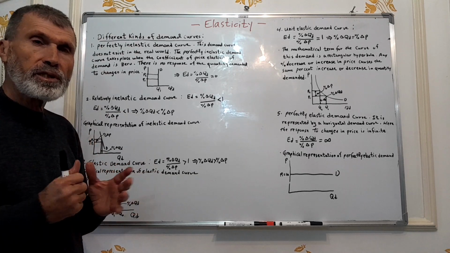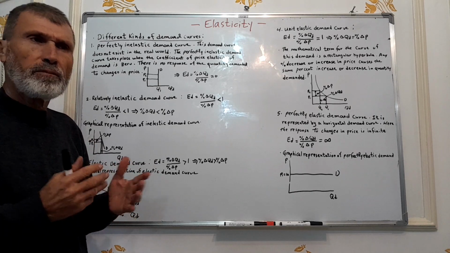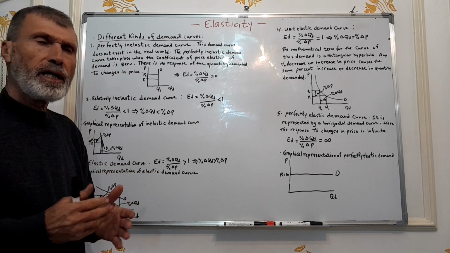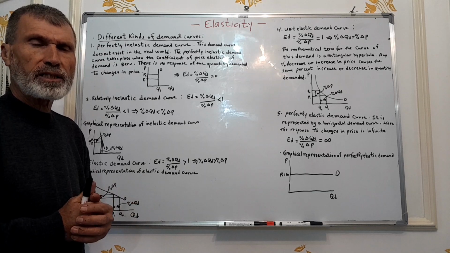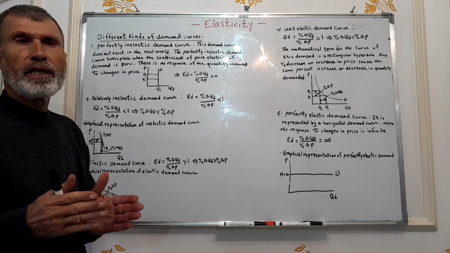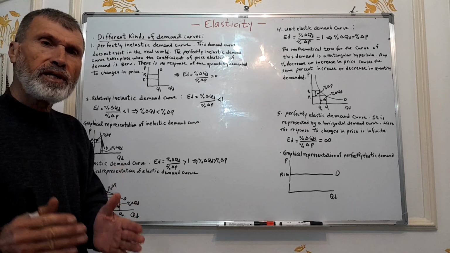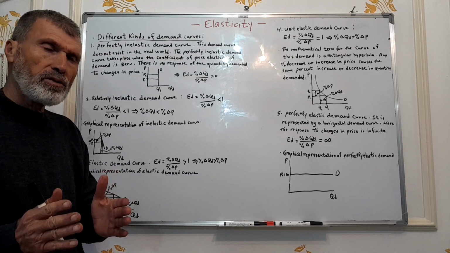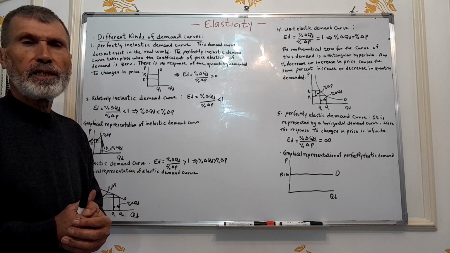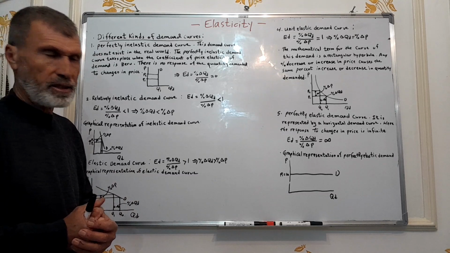In the real world, that demand curve does not exist, but we have an approximation to that perfectly inelastic demand, which is the highly inelastic demand curve or relatively inelastic demand curve. Those can approximate the perfectly inelastic demand curve.